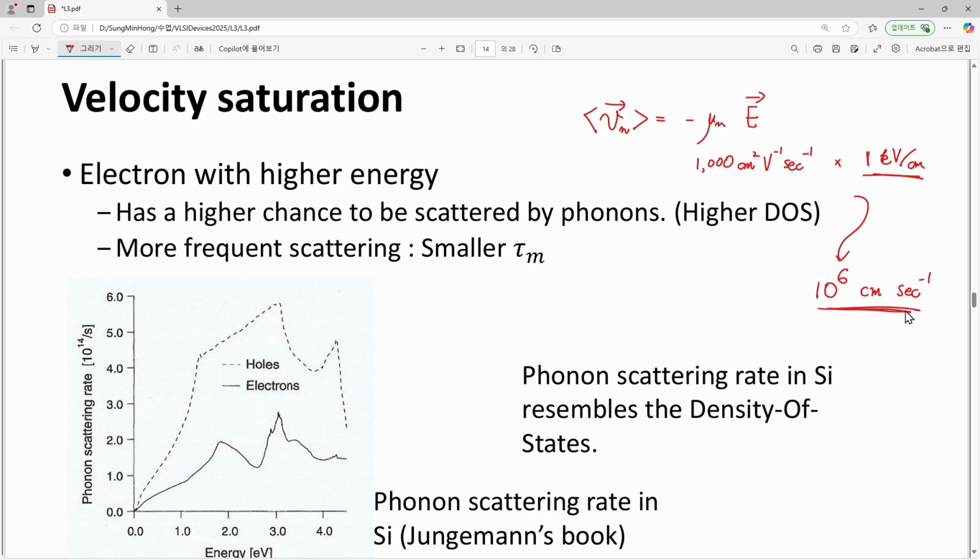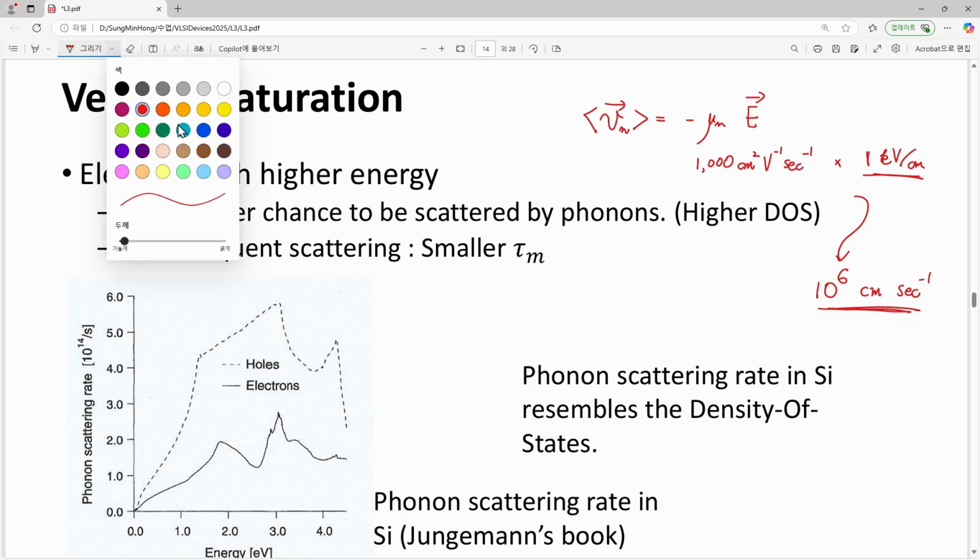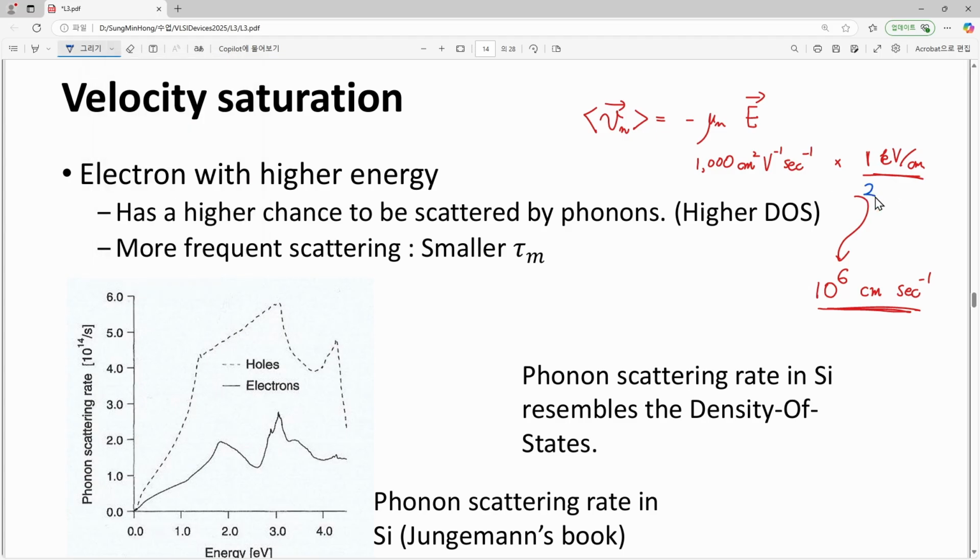That will be the velocity of our electrons. If we increase the field to 2 kilovolt per centimeter, then following this expression, we will guess that now we have 2 times 10 to the 6 centimeter per second as the steady state drift velocity.